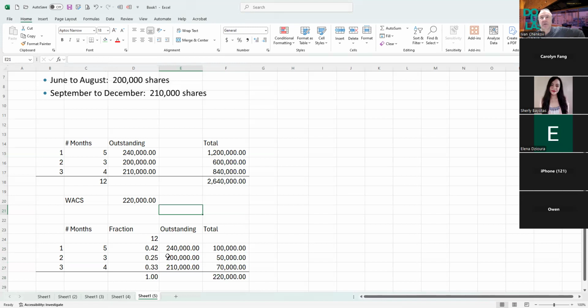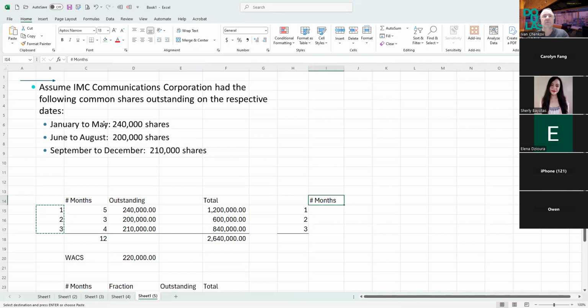Now there's a third way to calculate it. The third way is, again, the number of months. This always starts with the number of months. I'm going to do it here. We have 1, 2, 3 different calculations that we have to do.